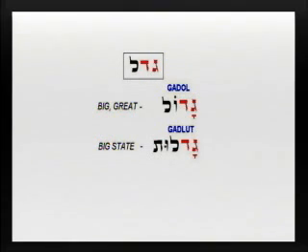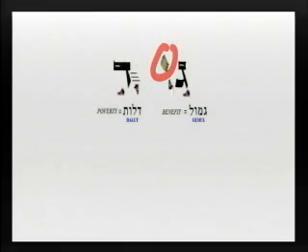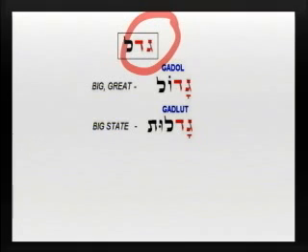As you can see, Gimel and Dalet stay together here, Gadol. Do you remember the previous picture? They stay together here, Gimel and Dalet. Gadol means big, Gimel Dalet together. Gadlut, from Kabbalah lessons, we know what it is. Gadlut is a big state.